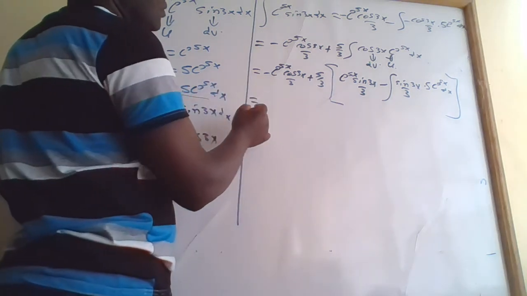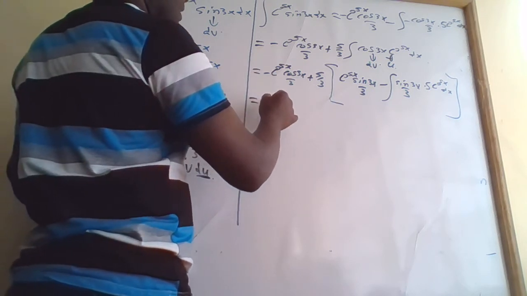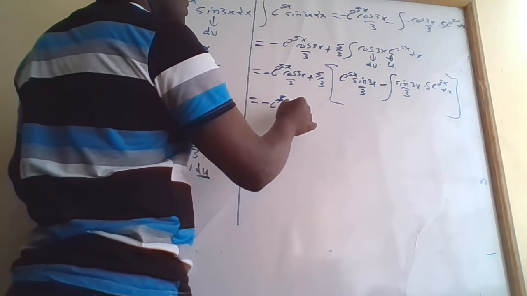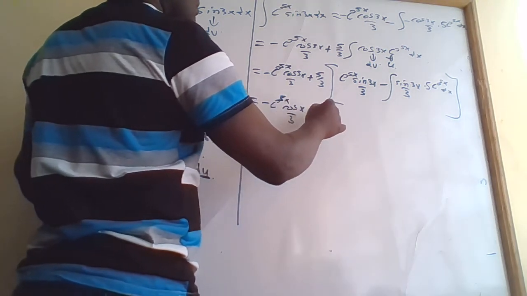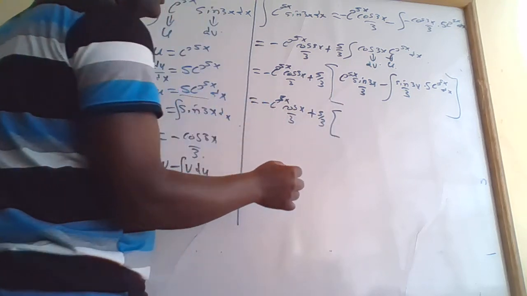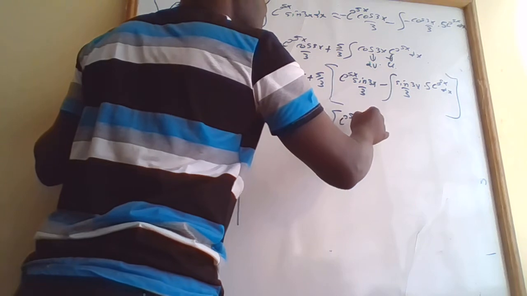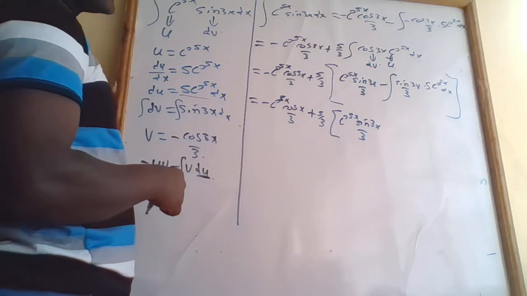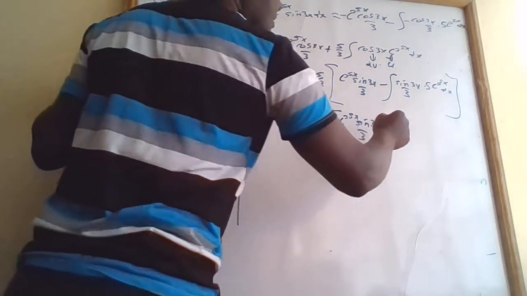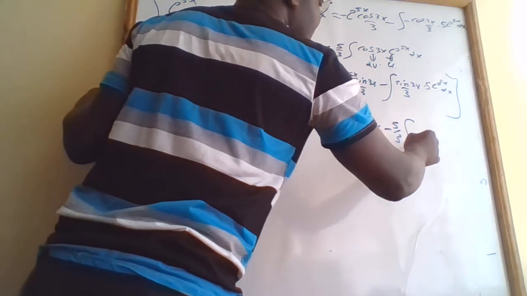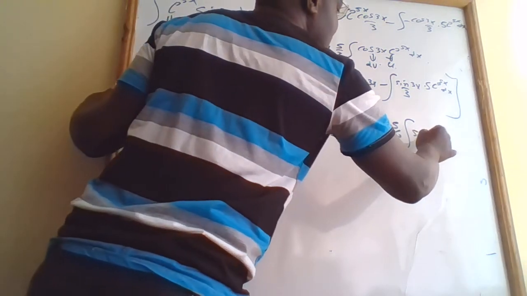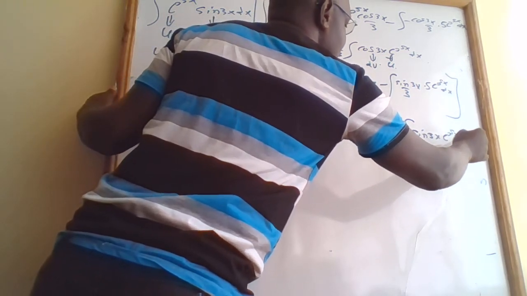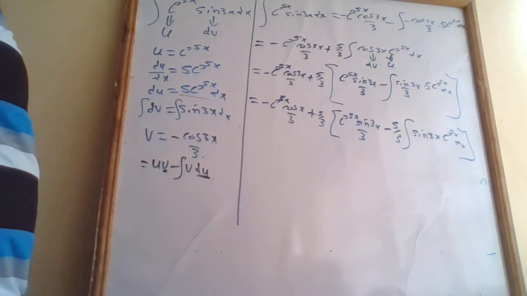Therefore, this equals minus e^(5x) cos 3x all over 3 plus 5 all over 3 into e^(5x) sine 3x all over 3. We take out a constant, which is 5 all over 3, minus 5 all over 3, the integral of sine 3x e^(5x) dx.